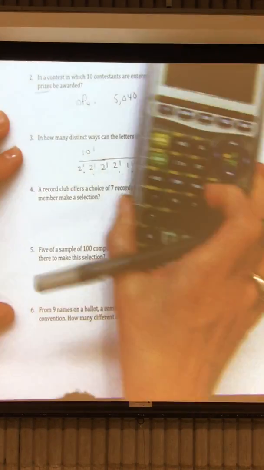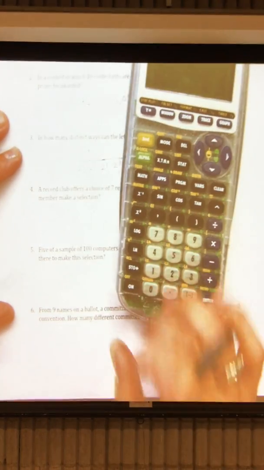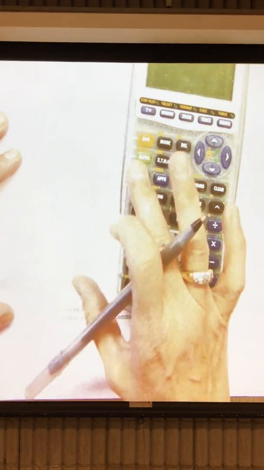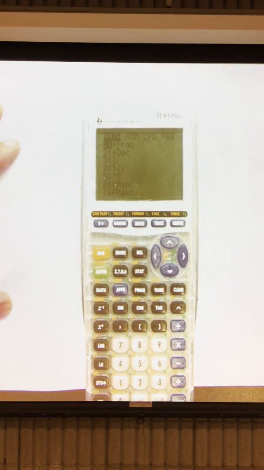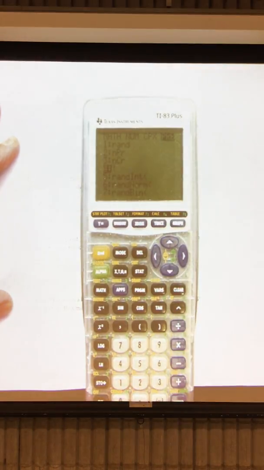So we have 10 factorial. So 10, math, PRB, factorial.